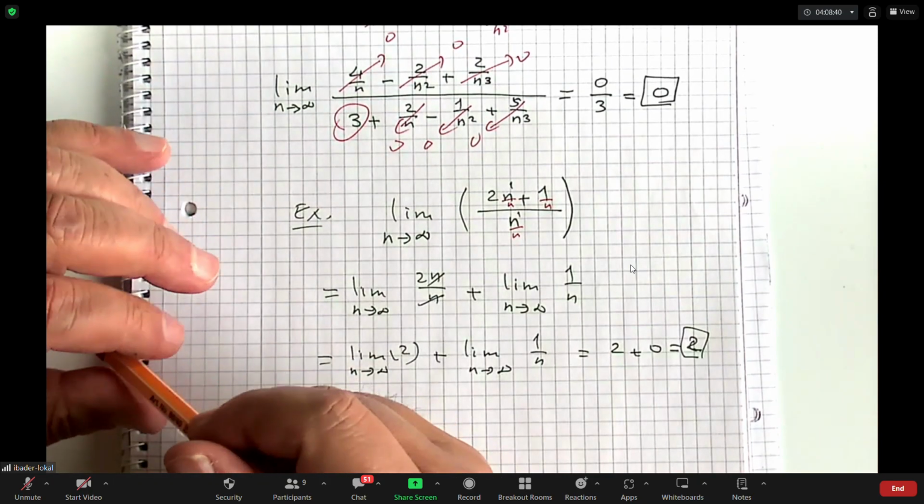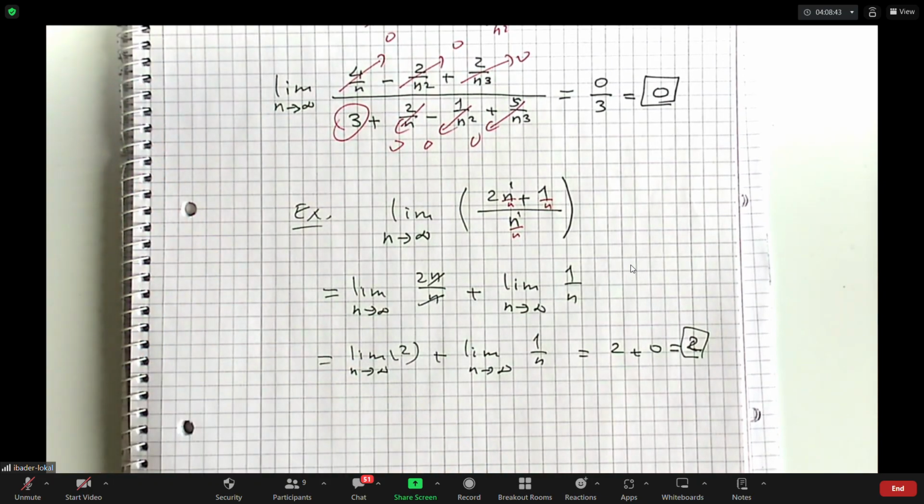So wherever you have the same degree, you end up with the ratio of the coefficients. Let me give you an example here.